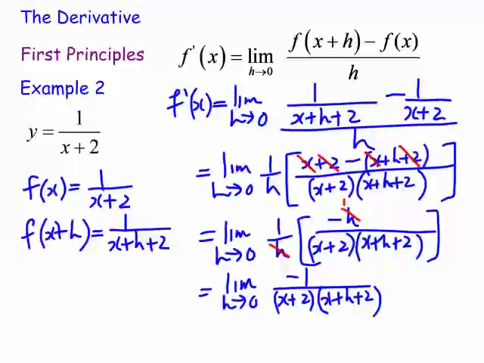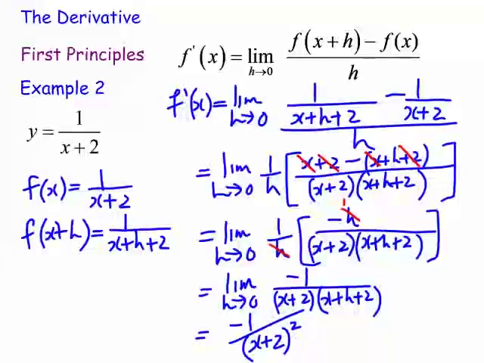So we can quite easily plug this in, and the result is minus 1 all over x plus 2 times x plus 2. I'll just write it as x plus 2 squared. So we now have that the derivative of y equals 1 on x plus 2 is the negative of 1 over x plus 2, all squared.